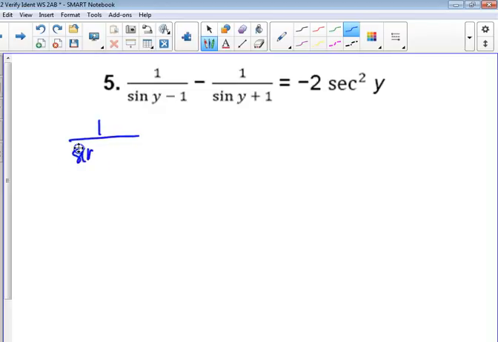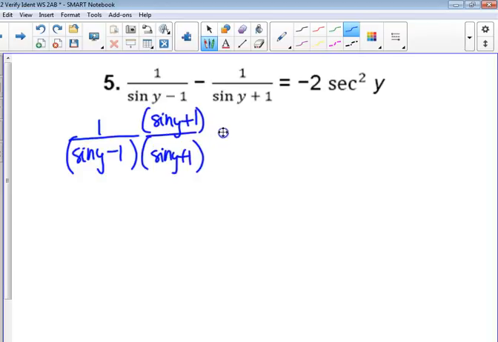So this one needs to multiply by what so that it has a common denominator? Sine y plus 1 over sine y plus 1. Then there's a big minus in the middle. We got to watch that. Sine y plus 1 is going to have to multiply by.